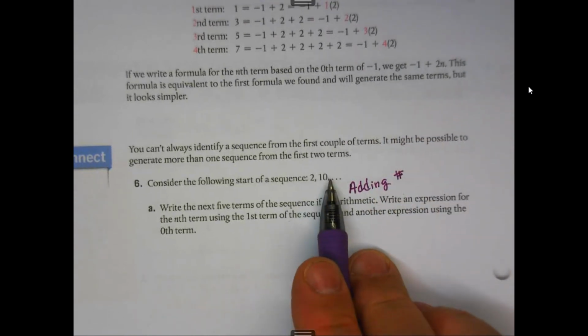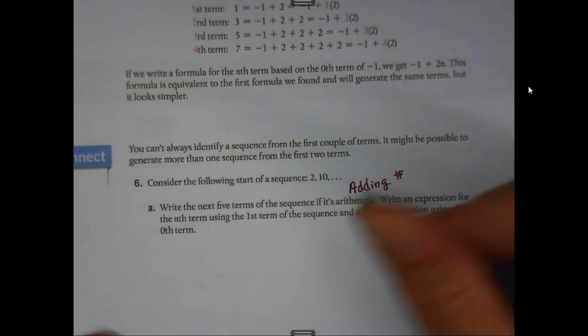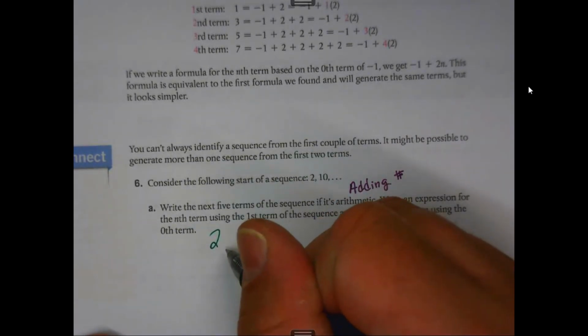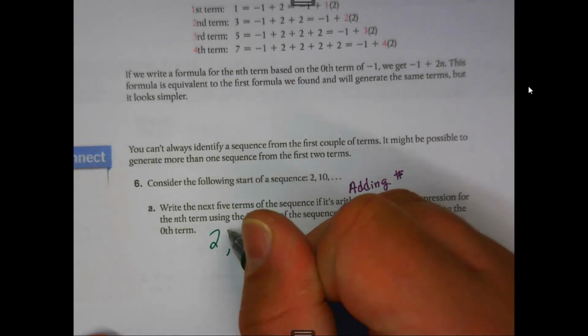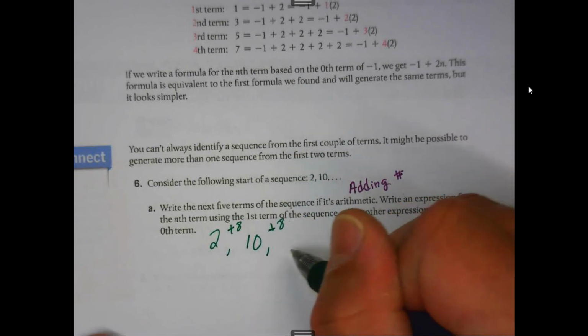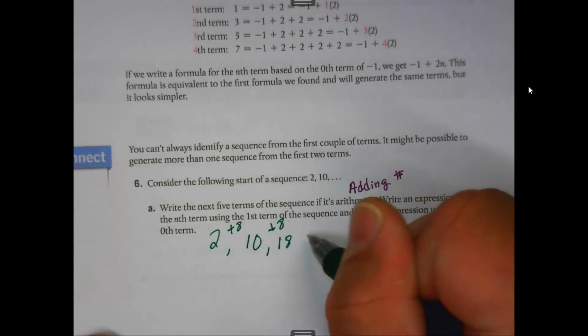To get from 2 to 10, I'm adding 8. I have to add the same number. 18, add 8.